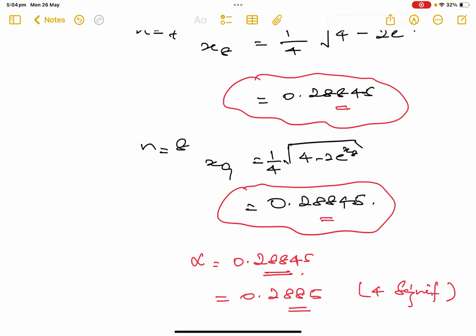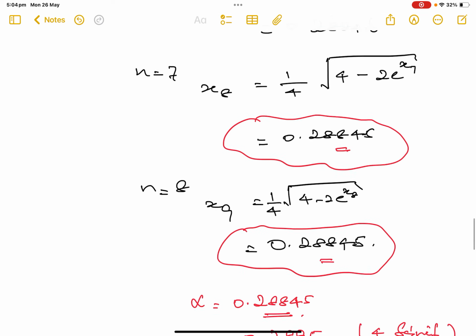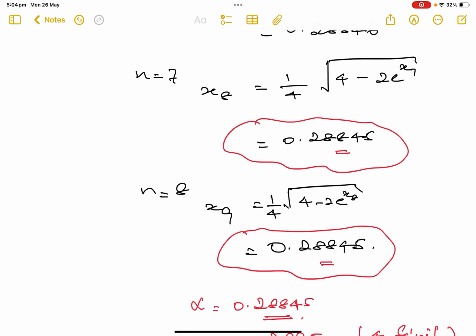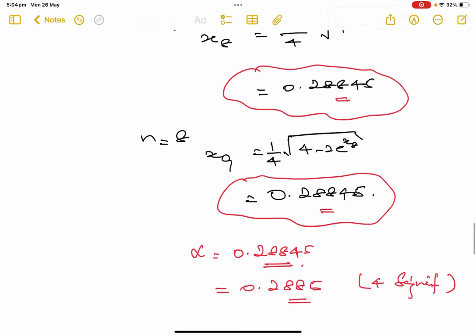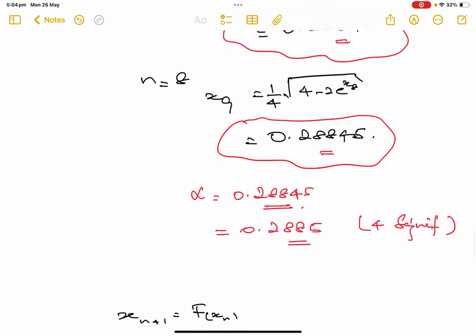But I just wanted to make sure it actually sticks to that value. n equals 8, that is 0.28845. So with the iterative method, the root is staying now, it has come to a finite value.